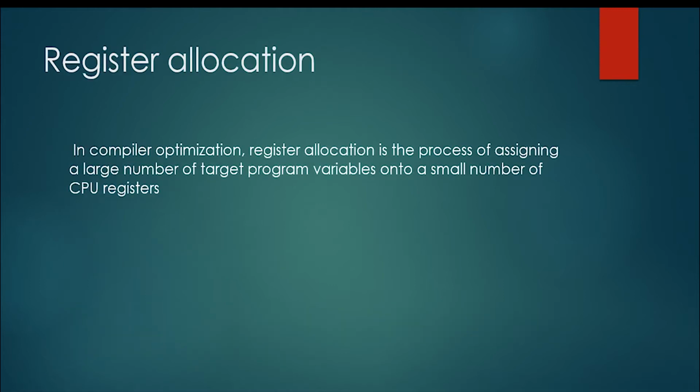And of course, as far as operating systems and software are concerned, maybe the most important application is the register allocation problem. In compiler optimization, register allocation is the process of assigning a large number of target program variables onto a small number of CPU registers, and these problems can typically be solved with the help of coloring algorithms.